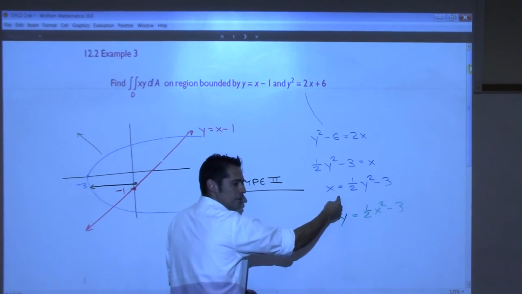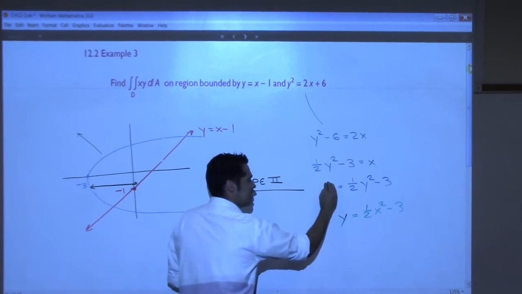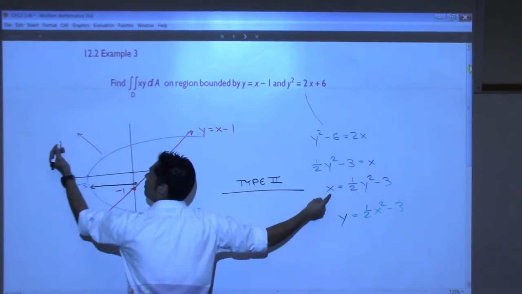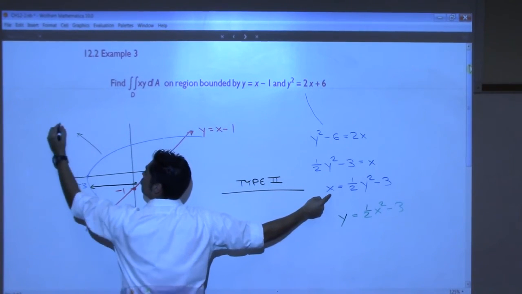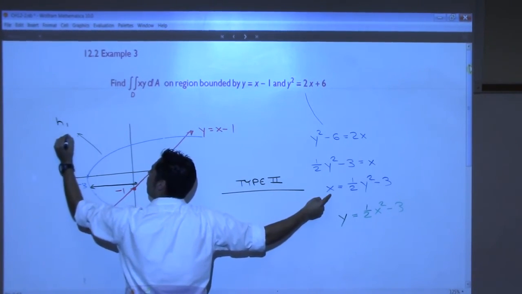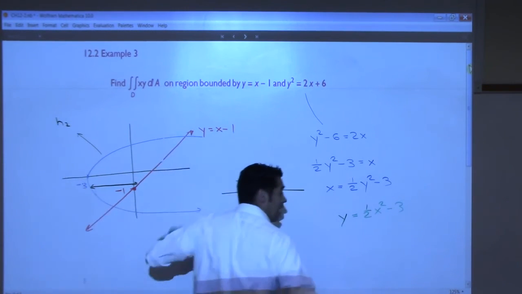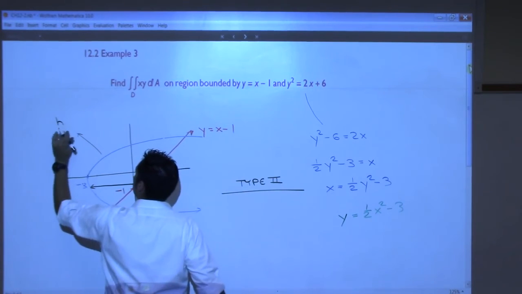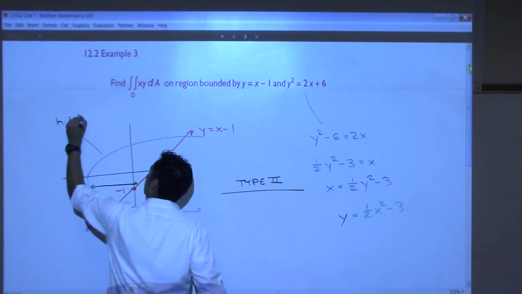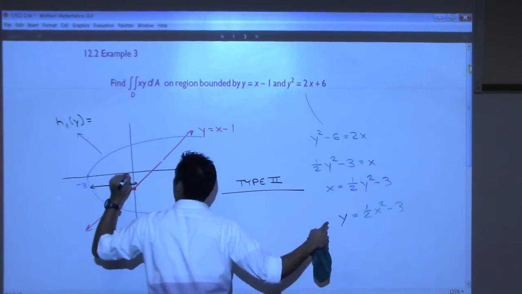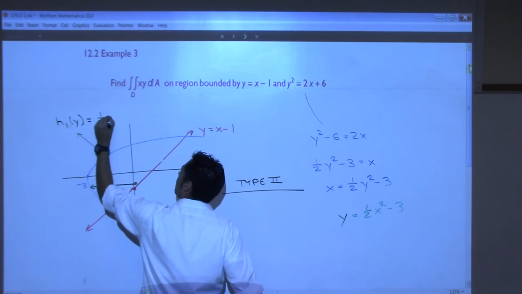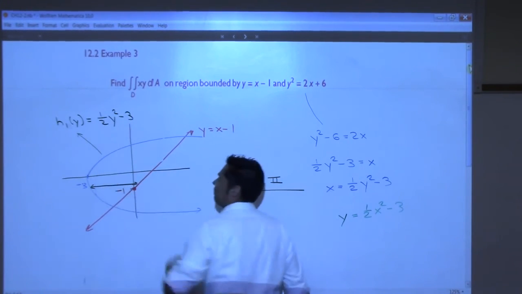That creates the function of y right there. This left side gets replaced with, what letter are we using? H. H sub what? 1 or 2? 2, 1. The one on the left is 1, right? Okay. So h sub 1 of y is what? 1/2 y squared minus 3. Yeah?